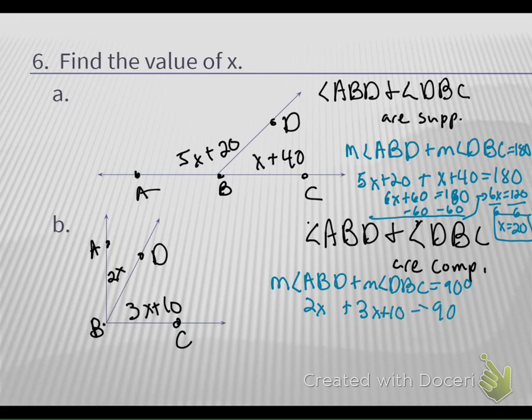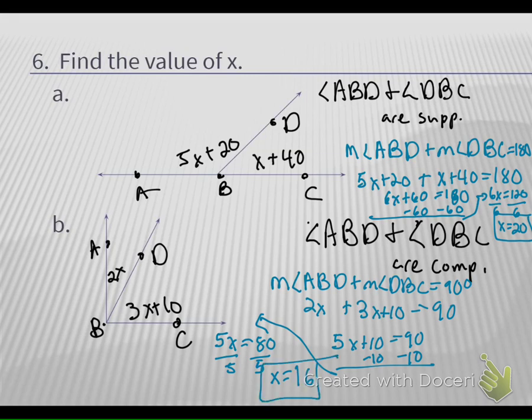Combine like terms. 2x plus 3x's plus 10 equals 90. Got to get those like terms together. I've got to subtract that 10. I'm going to write it here so you can see it a little better. We end up with 5x equals 90 minus 10. 80. We're going to divide each side by 5. Okay, how many times does 5 go into 80? 16. Yep.